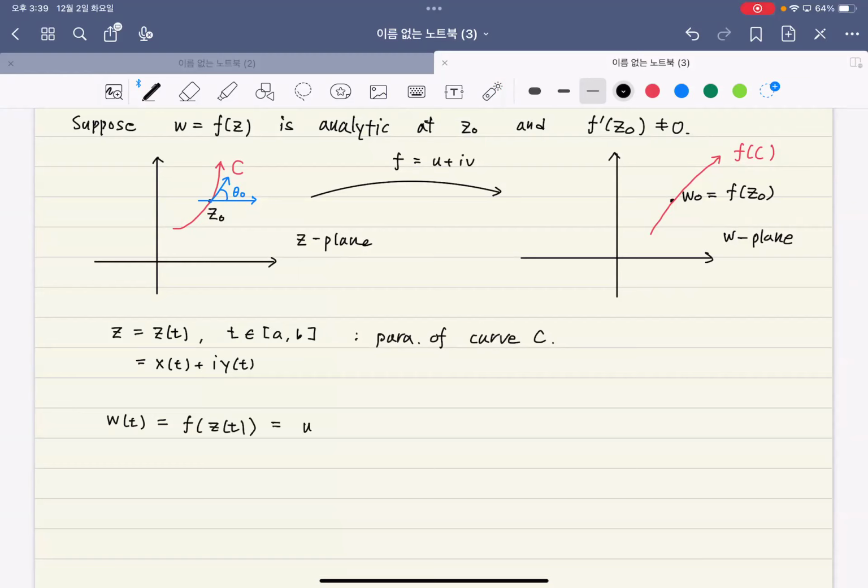Then this is u of x(t) and y(t) plus i times v of x(t) and y(t).